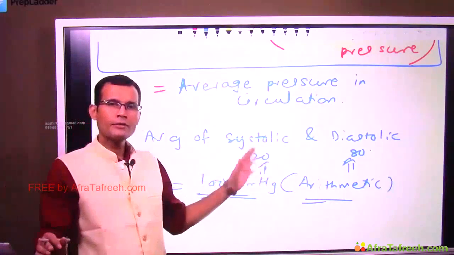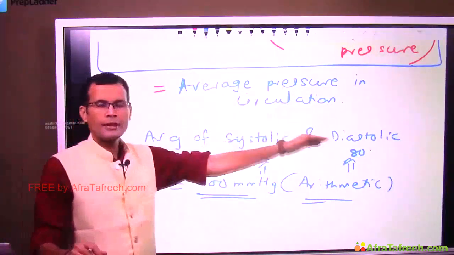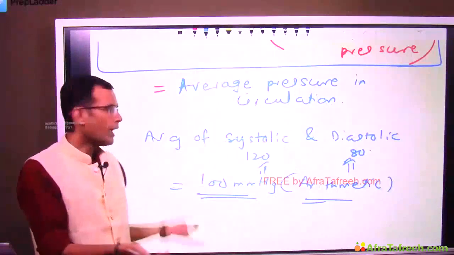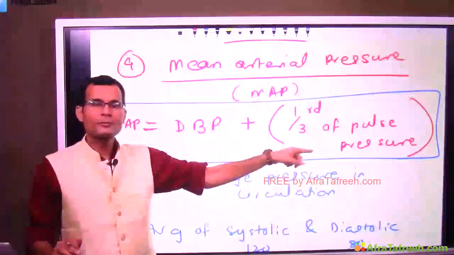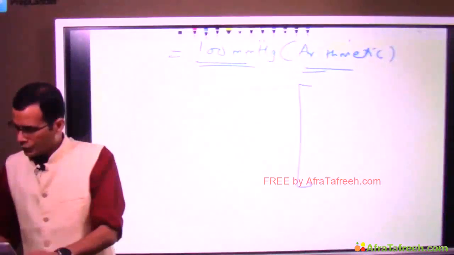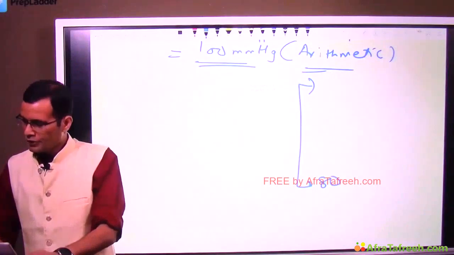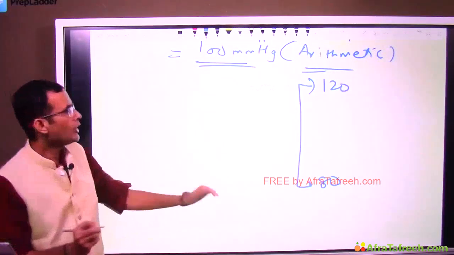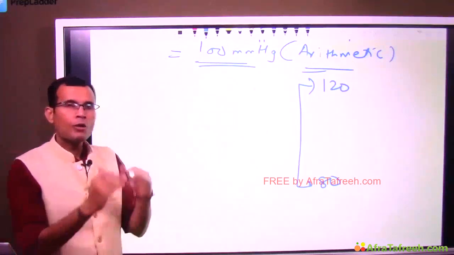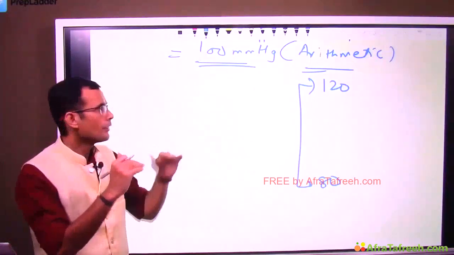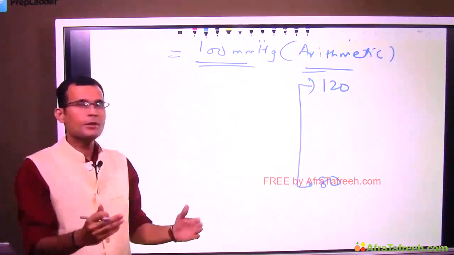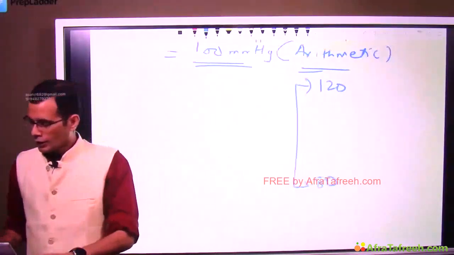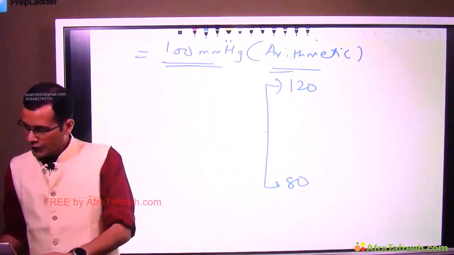How did we calculate that? Systolic plus diastolic upon 2 gives us the average. I'm trying to explain why this formula is being implemented. So diastolic is 80 mm of Hg, systolic is 120 mm of Hg, and how do you calculate that arithmetic mean?